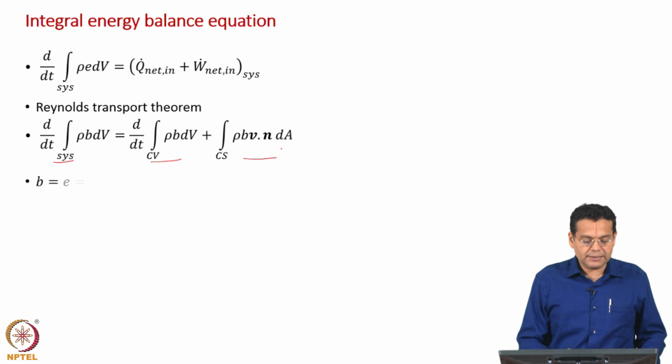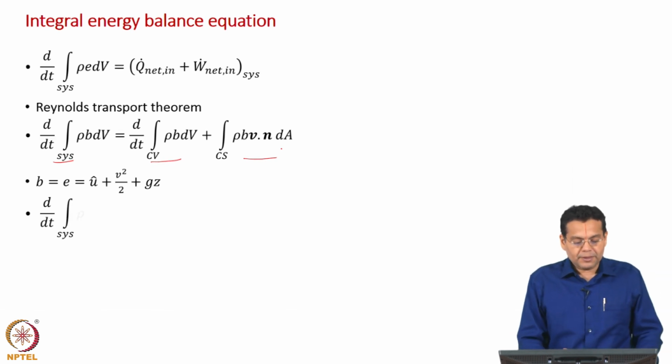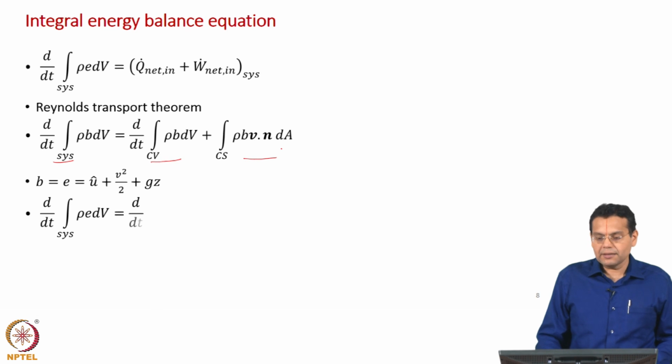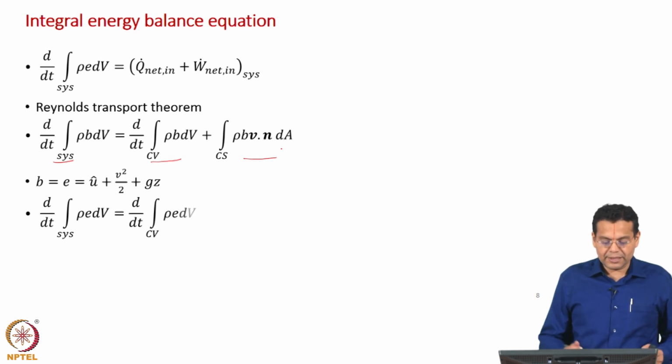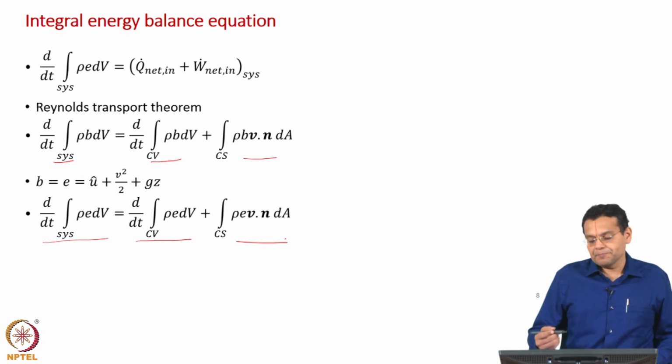Now, for the present case, B is equal to e, sum of all the 3 energies per unit mass. So, let us rewrite that equation replacing B with e. So, now how do you read this? Left hand side is rate of change of energy for the system, right hand side rate of change of energy for the control volume, and net rate at which energy leaves the control volume through the control surface.